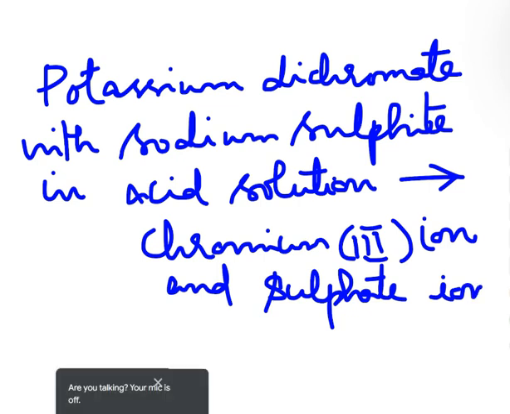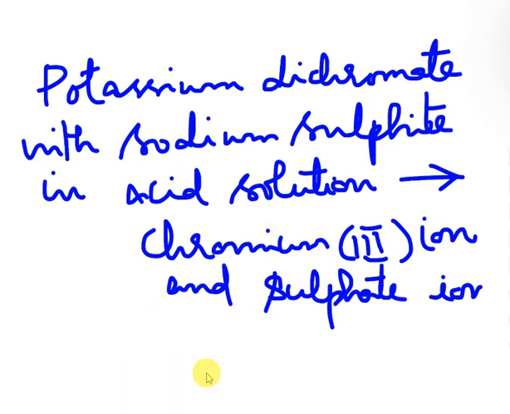So this is the word equation that is given to us, right? And we need to convert it into a formula, write down the formula with the charges, whatever is given, and then balance it out.